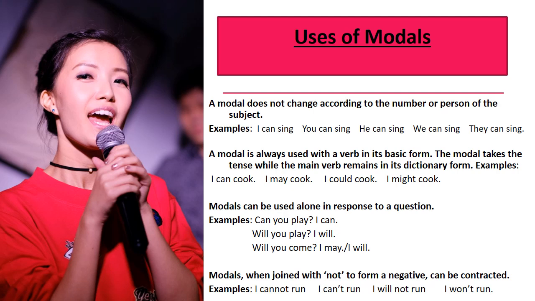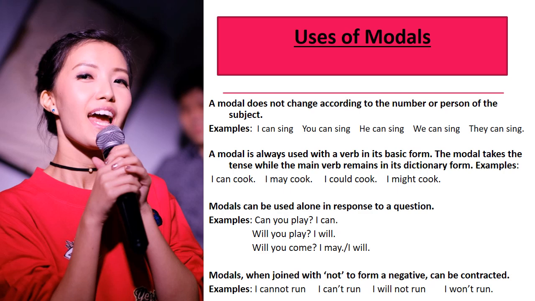For example, I can sing. Here I is first person singular. We can sing. We is first person plural. You can sing. Second person, third person. He can sing.